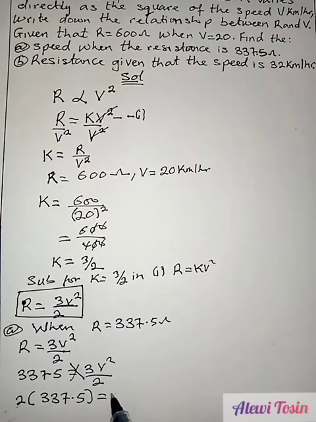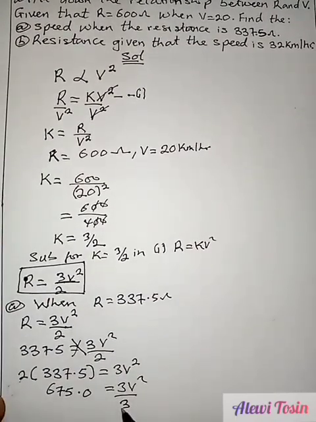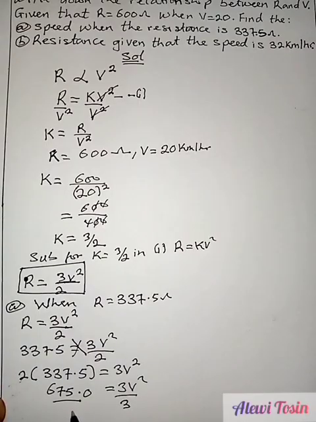2 bracket 337.5 equals 3V squared. You multiply this now, you have 675 equals 3V squared, divided by 3 on both sides. 3 cancels 3.